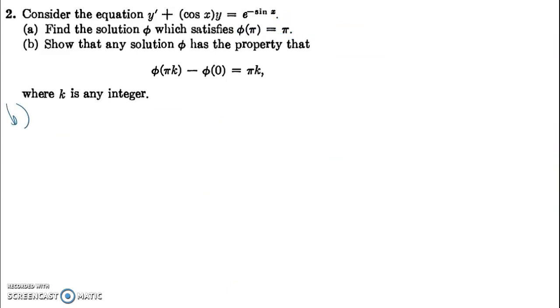Alright, so part B is different from part A. So we can just simply use our general equation, and we have to prove that this is the case, where k is any integer.